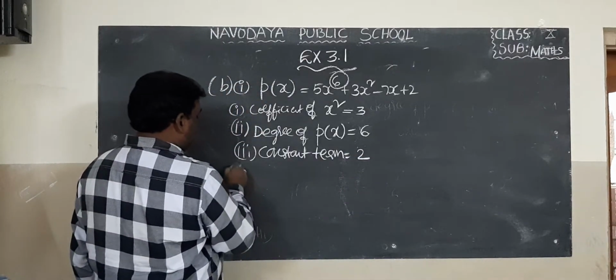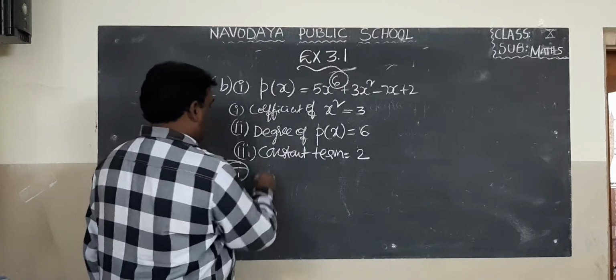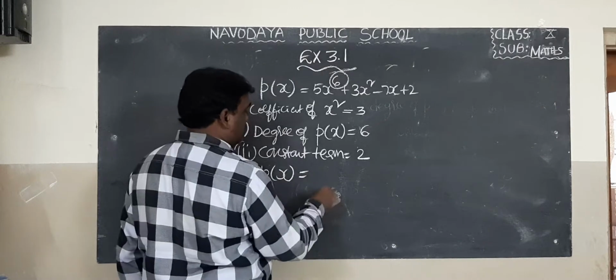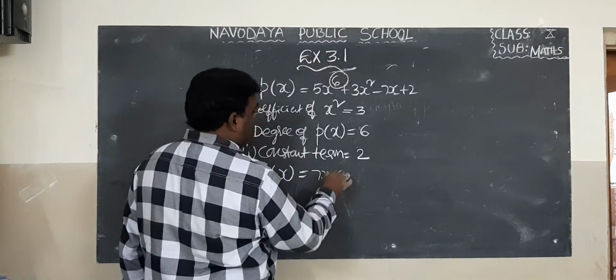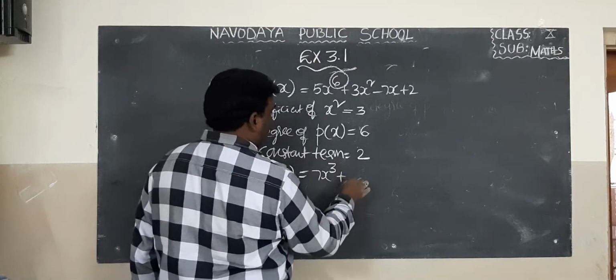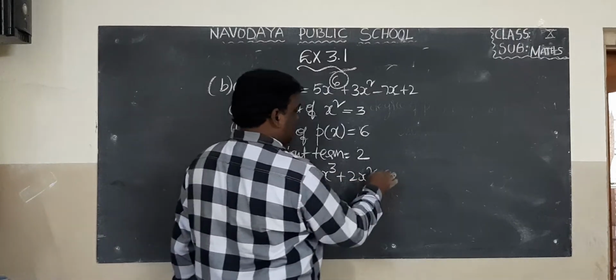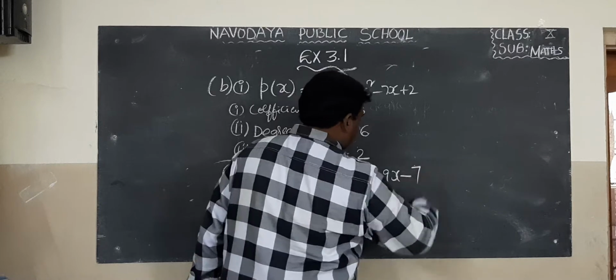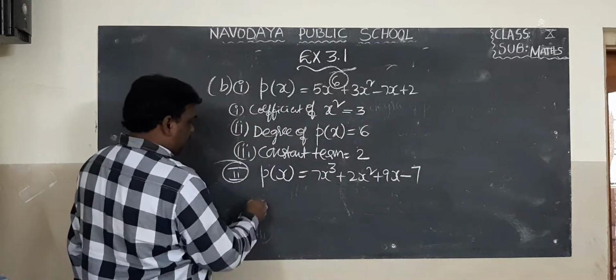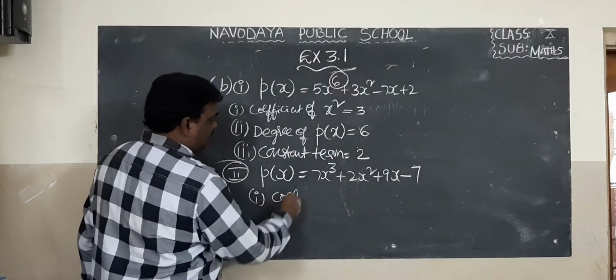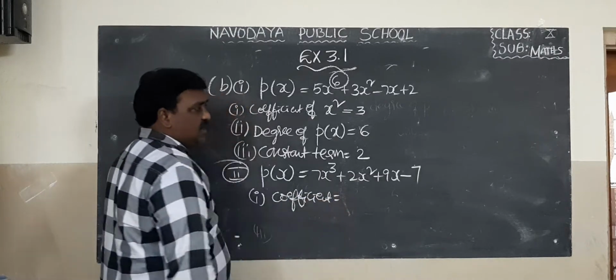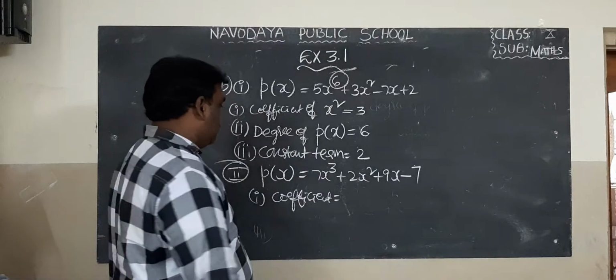Next. Second polynomial. P of x equal to 7x power 3 plus 2x square plus 9x minus 7. First one, coefficient of... so write your own polynomials and create your own questions.